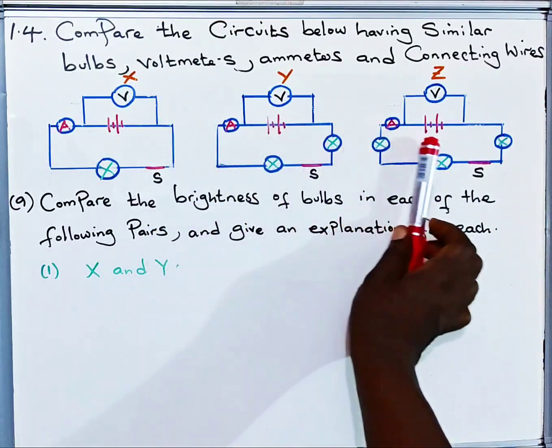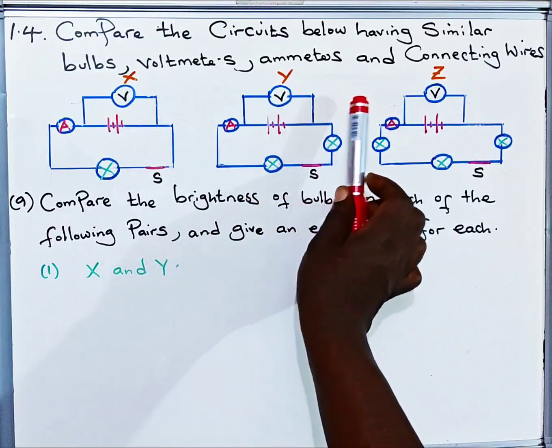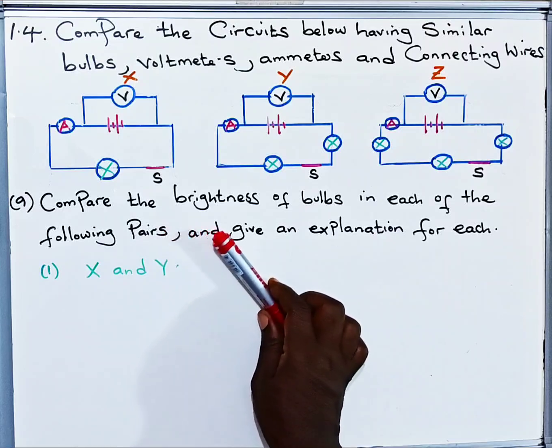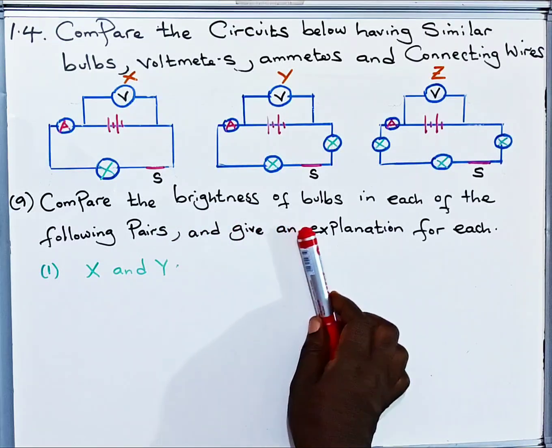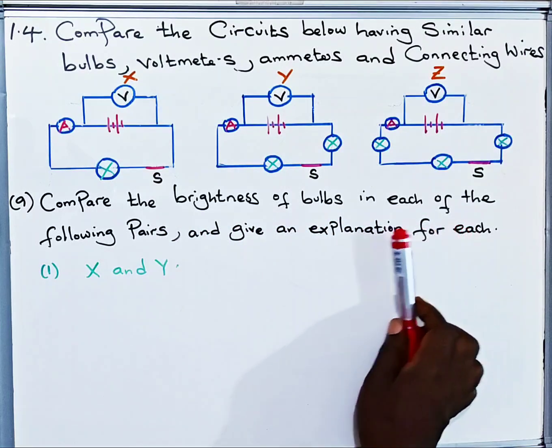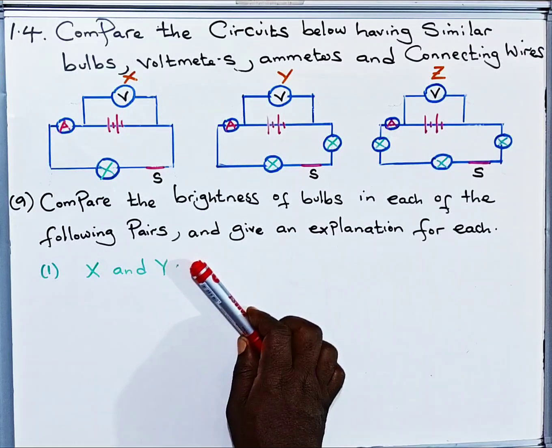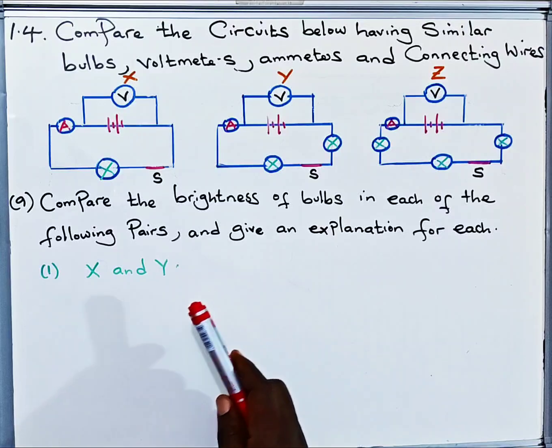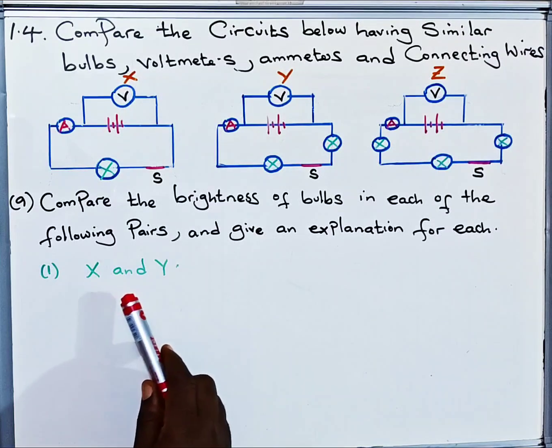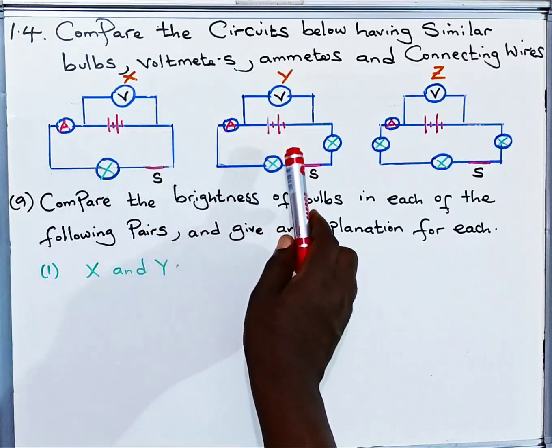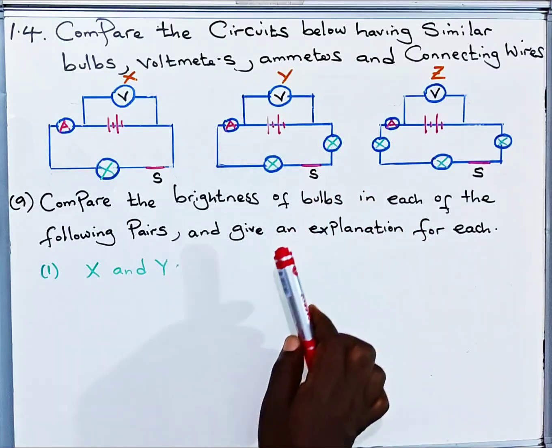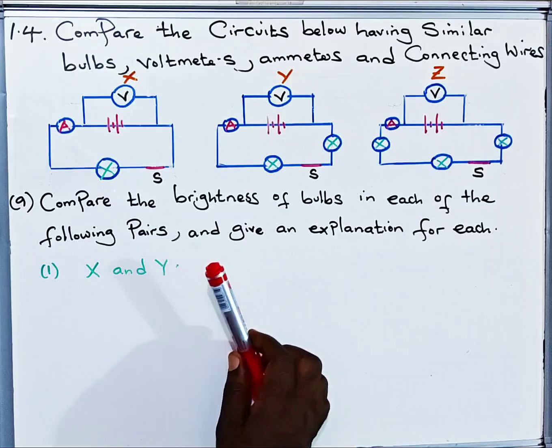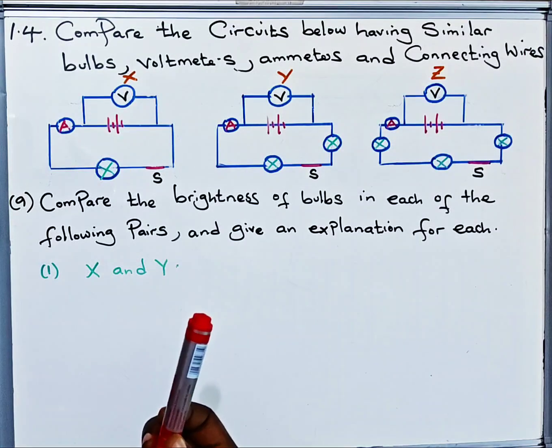These are the circuits we are having: X, Y, and Z. The question says, compare the brightness of bulbs in each of the following pairs and give an explanation for each. The first one we are comparing is X and Y. This is X and this is Y. And the question is, which one is brighter, which one is dimmer?